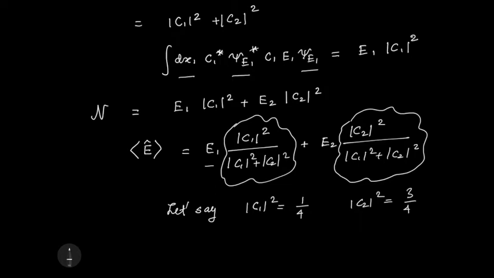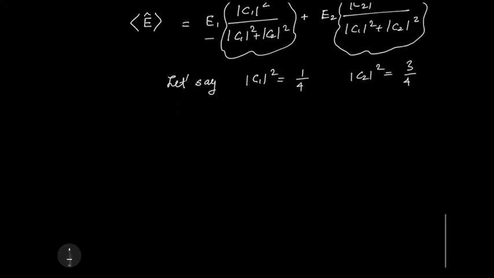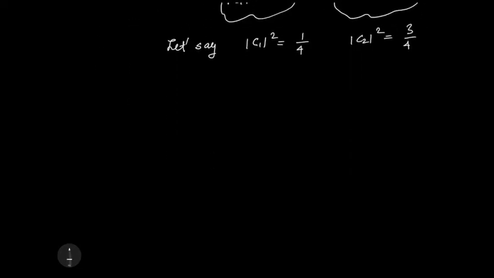Okay, so this is the meaning of these coefficients C1 and C2. They essentially give you the probability of finding that particular energy state in this example. Okay, so this is about the fourth postulate and some extension of that.